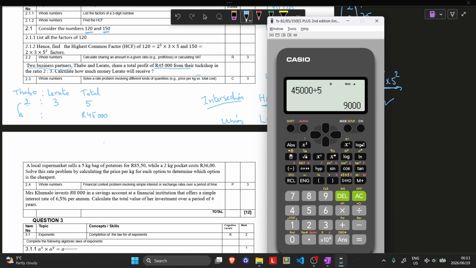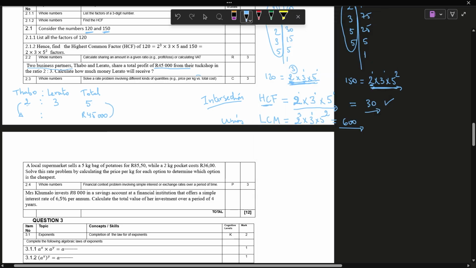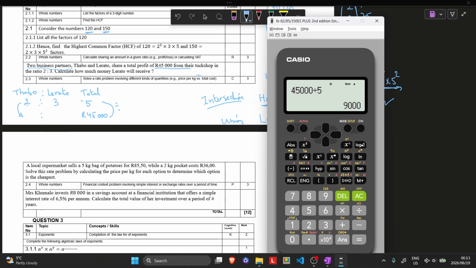So after dividing, basically I will do division here, and then from there to here, I do multiplication. So now I'm going to multiply by 2. So now I've got the 9,000 for each portion. So I multiply by 2. That's the one that will go on the left because I have 2 here, right? So this is 18,000 here.